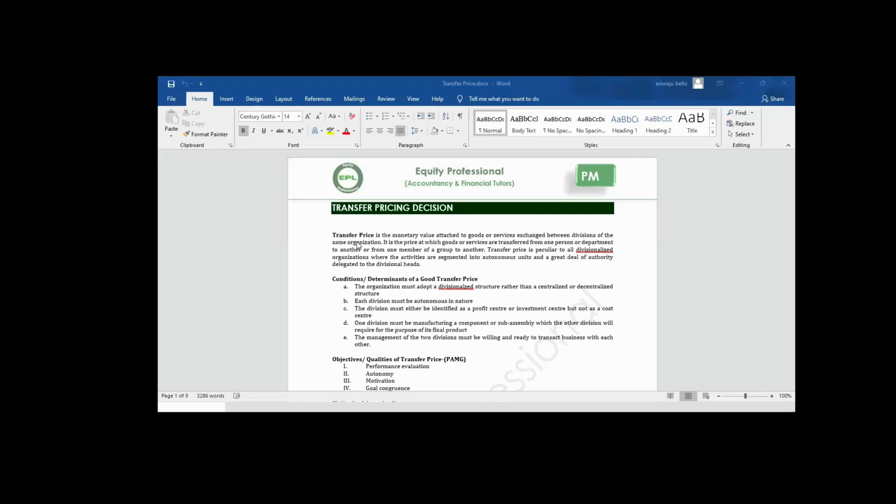Number 6, we have looked at activity-based costing. We have treated divisional performance evaluation. By my count, topic by topic, we have treated like 7 topics.